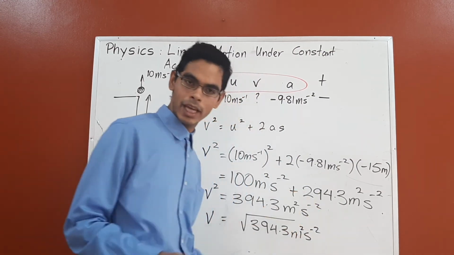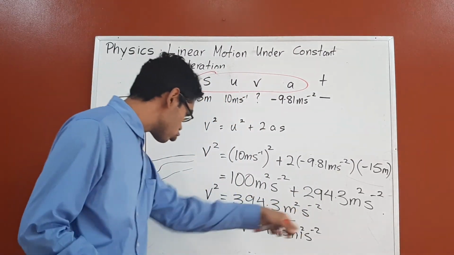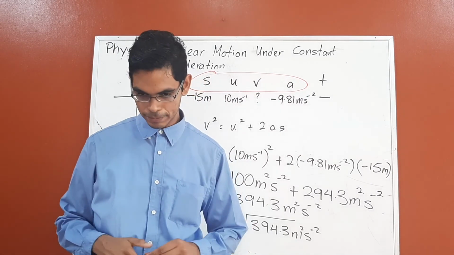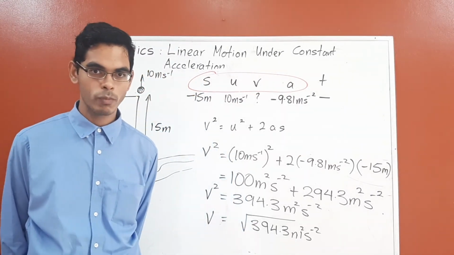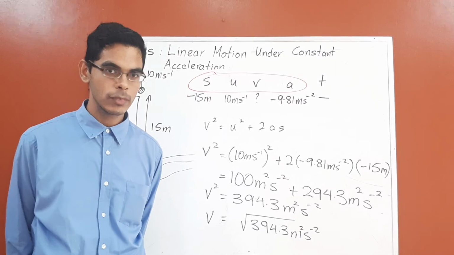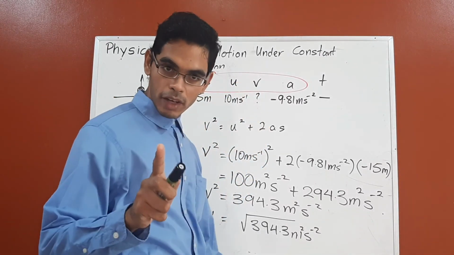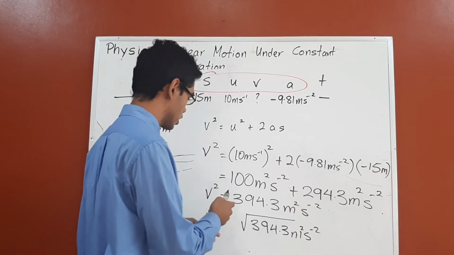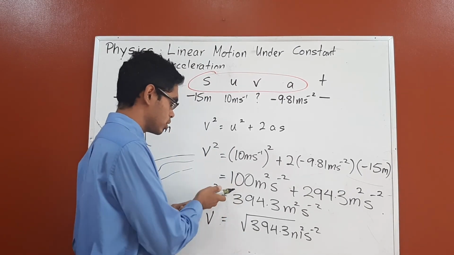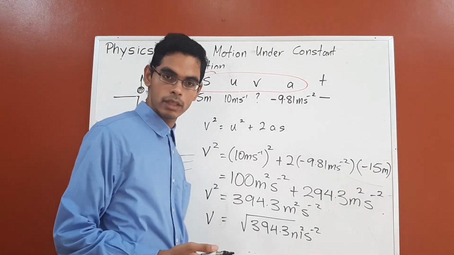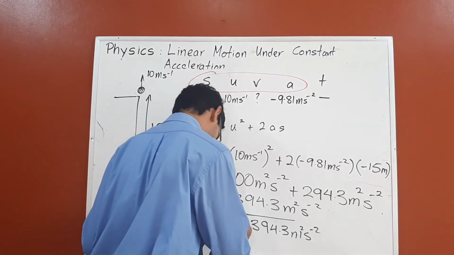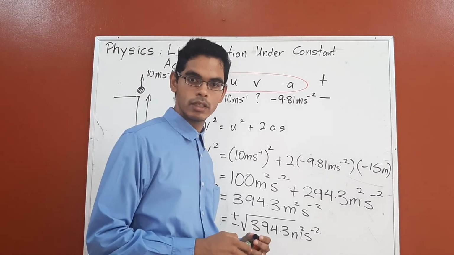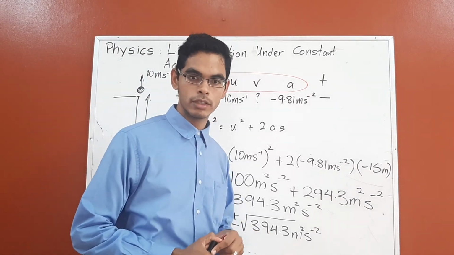But there's another thing. This is wrong. Tell me what the mistake is. Yes. We forgot our manners. Whenever you consider the square root of something, you have to take plus or minus. Think about it this way. 2 times 2 is 4.